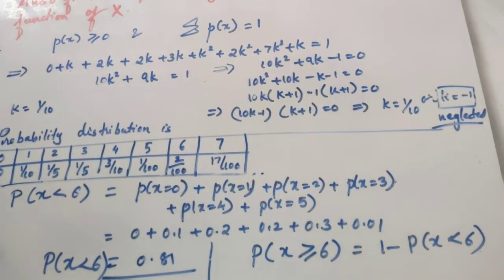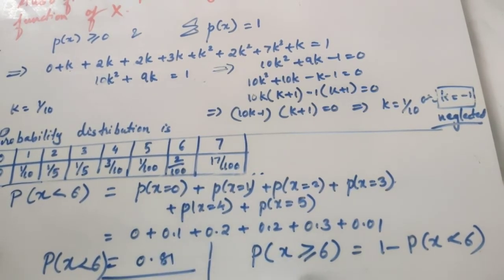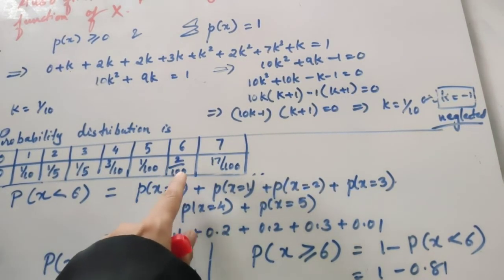So already we have found the probability of x less than 6, which is 0.81. I want the probability of those values where x is greater than or equal to 6. So it should be 1 minus those values which are strictly less than 6, not less than or equal to. So it will be 1 minus 0.81. You can either do it like this, or you can just add up the probabilities of 6 and 7.